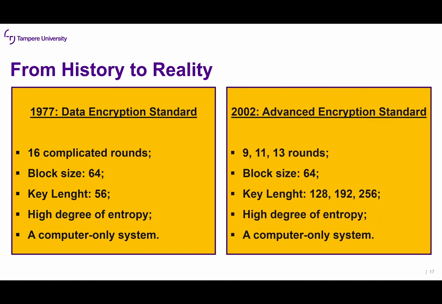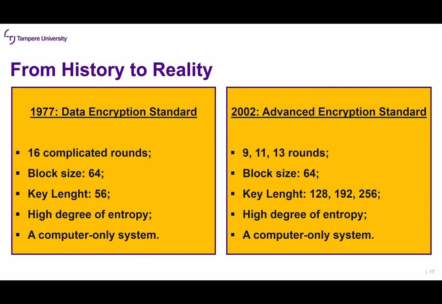This led to the development of the Advanced Encryption Standard, AES for short, in 2002. Keep in mind that while DES was developed by IBM and further enhanced by the NSA, I think, AES was developed by a team of independent cryptographers.